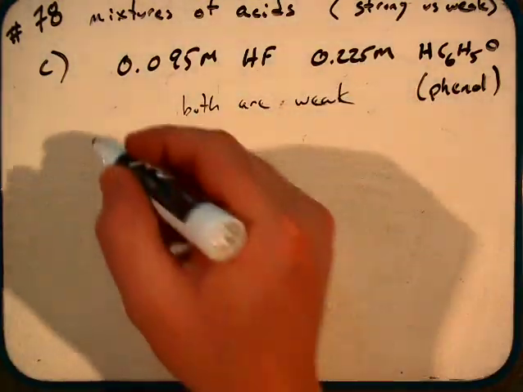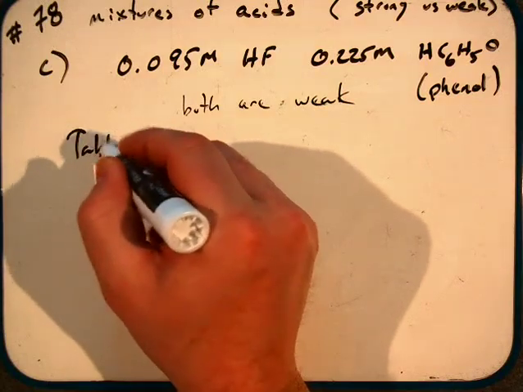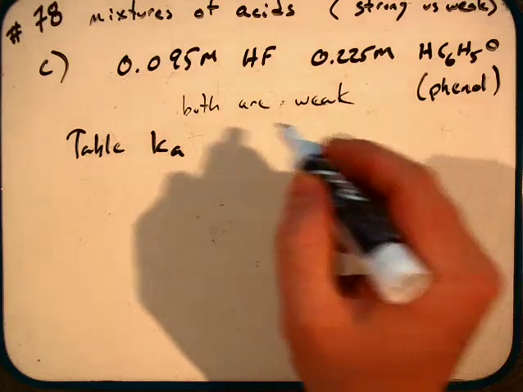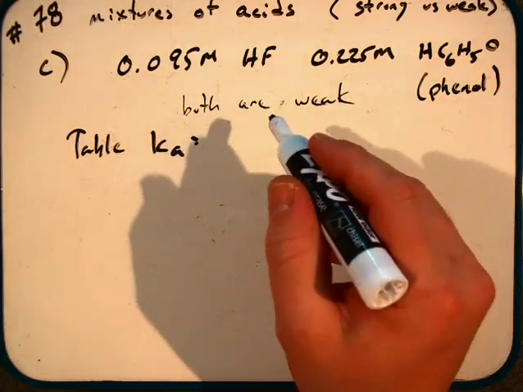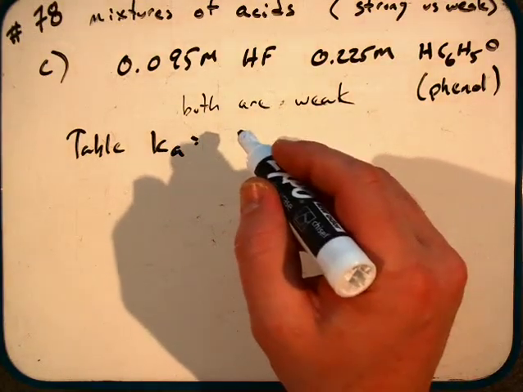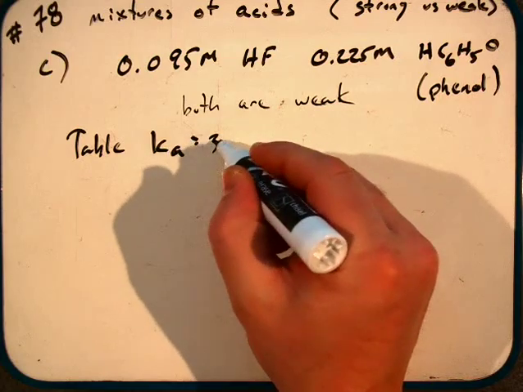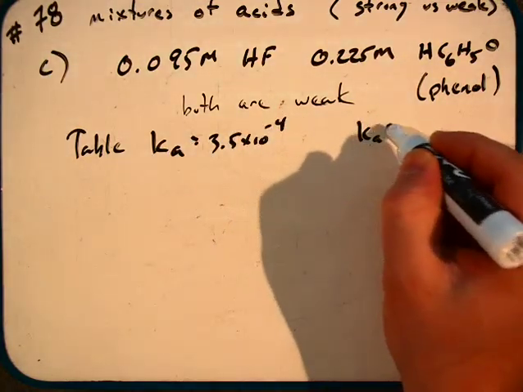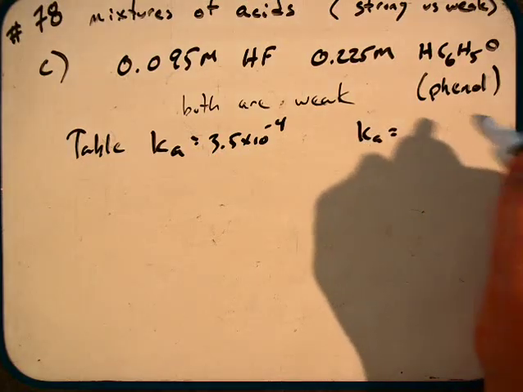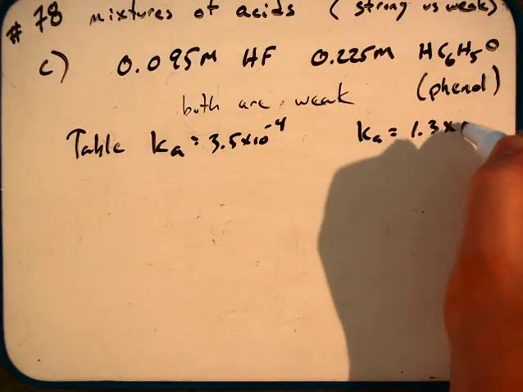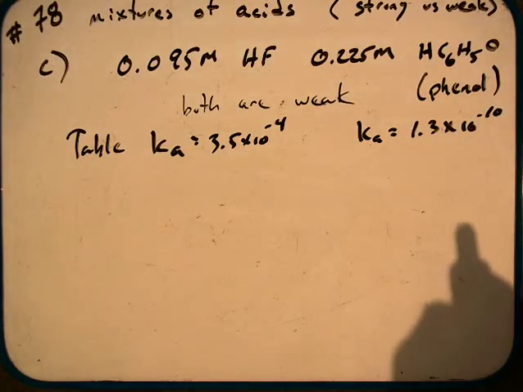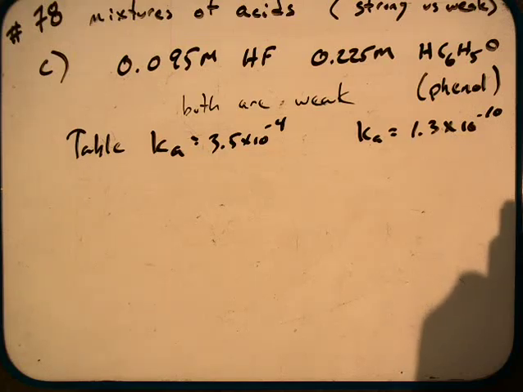We can substantiate that by going to a table of Kas. HF has a Ka equal to 3.5 times 10 to the negative fourth, while for phenol the Ka is 1.3 times 10 to the negative 10th. Both of these are less than 10 to the negative fourth, so they're both weak acids.